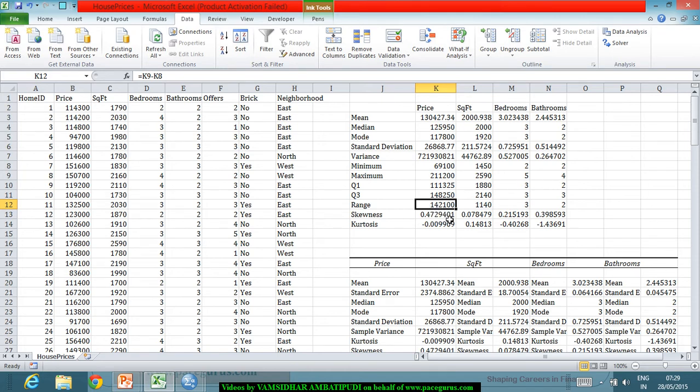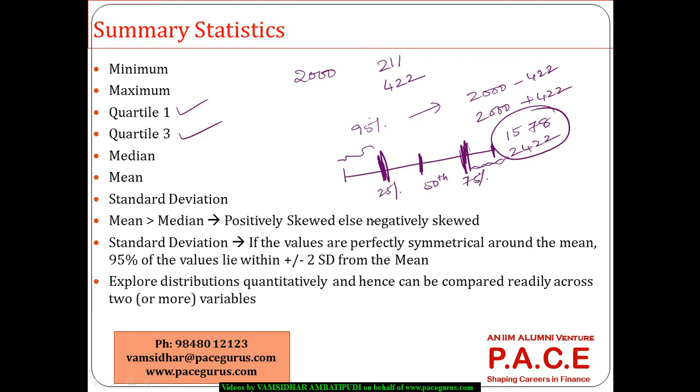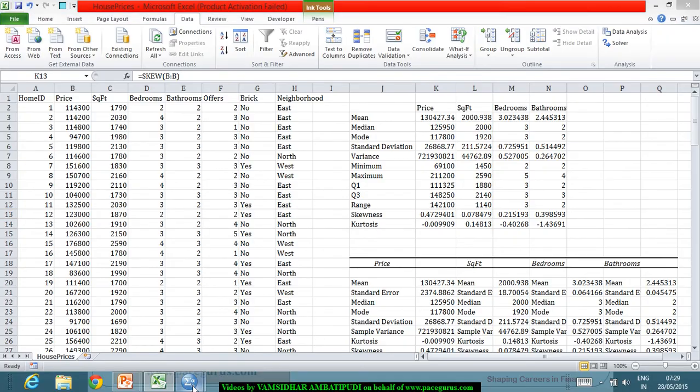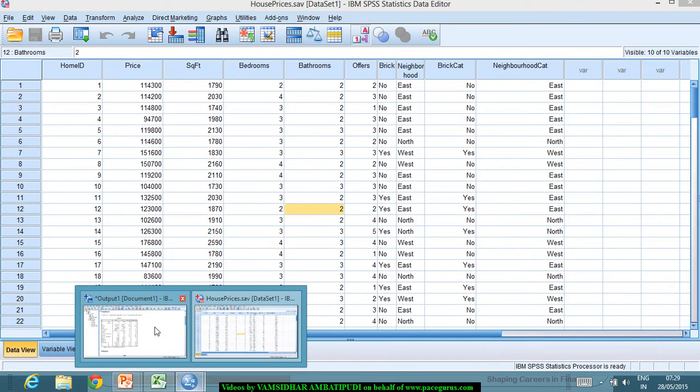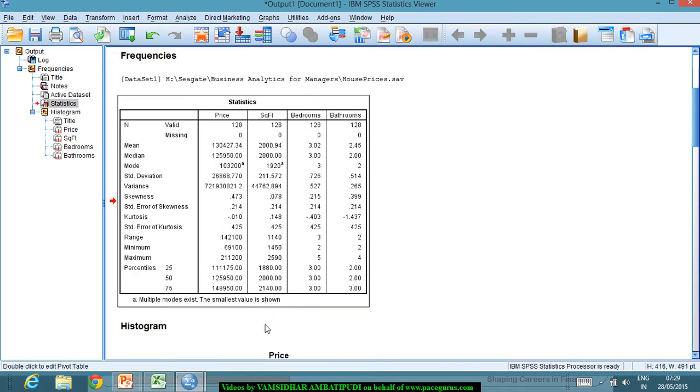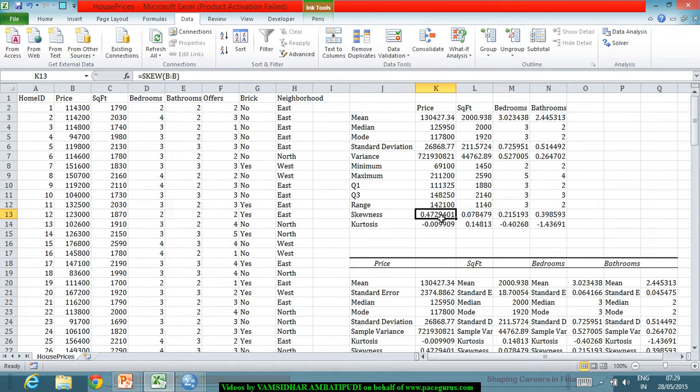Finally, I am looking at skewness, which is a measure of symmetry of the data. To show whether the data is symmetric or not, I will use the skewness. Here also, if you see 0.473, 0.078, we get the same kind of observation.